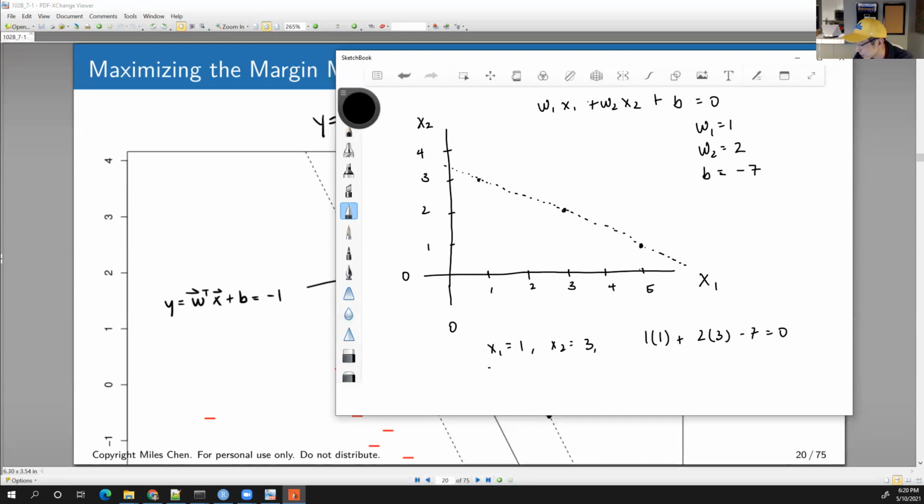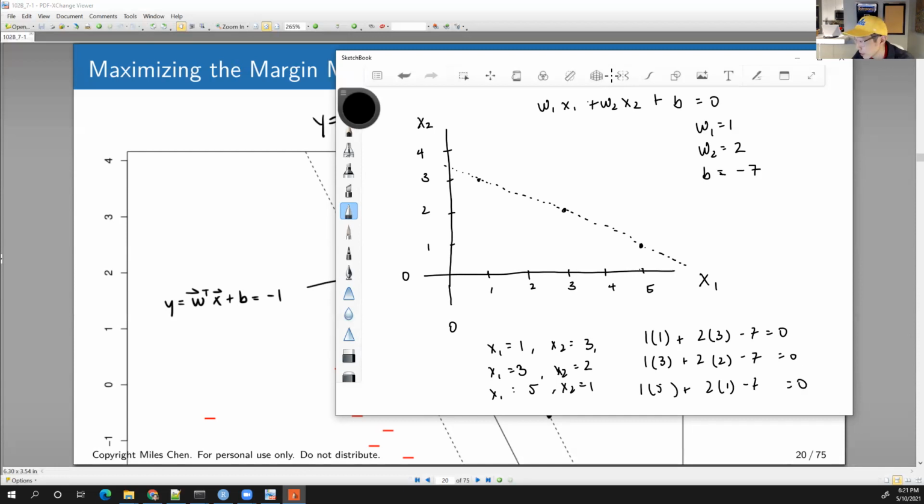And over here, I've got X1 equal to 3, X2 equal to 2. So I've got 1 times 3 plus W2 being 2 times 2 minus 7, that equals 0. And basically we're going to form some kind of line here, right? And I can have x1 equal to 5, x2 equal to 1, 1 times 5 plus 2 times 1 minus 7 equal to 0.